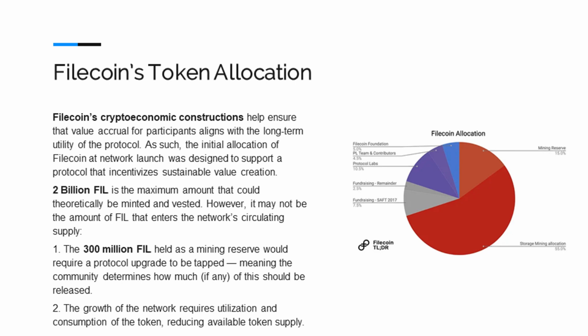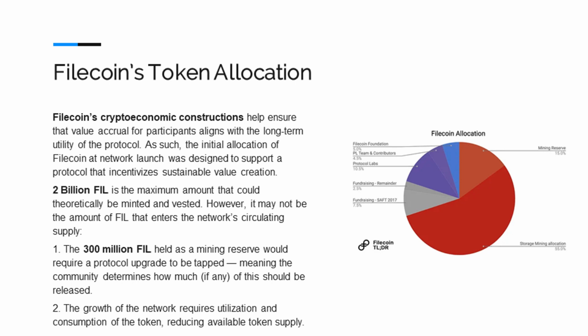As of September 2022, 520 million FIL has been minted or vested. Of this, approximately 70% is in circulation, since a significant amount of FIL is burned due to network transaction fees, or locked as collateral to secure the network and incentivize reliable storage.